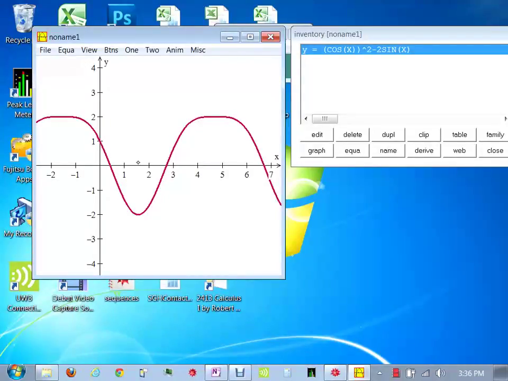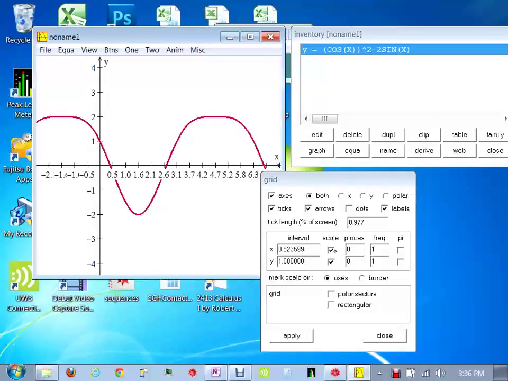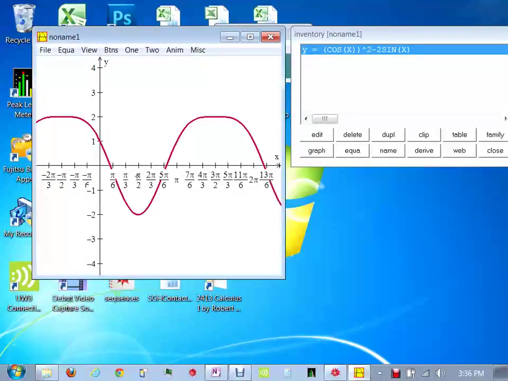What was our answer for local minimum? Pi over 2, look at this. Pi over 2, there it is, lowest point. Where do we have a max? 3 pi over 2, here it is, right?